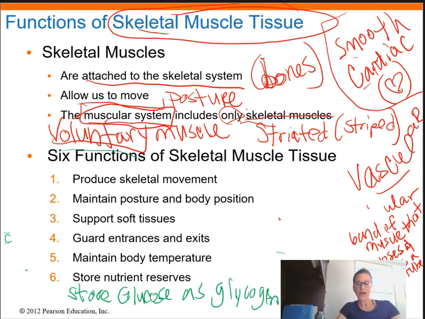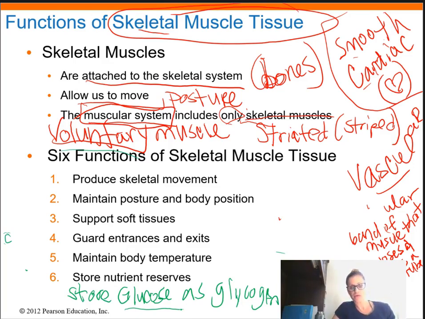So if you think back to the chemistry chapter, I told you guys this chemistry stuff was important. It would come back. If you think back to the chemistry chapter, remember the organic compounds that we talked about. When we talked about carbohydrates, we talked about glucose. And glucose is a sugar that we use to fuel the body. Well, when we have plenty of glucose around, we store it.